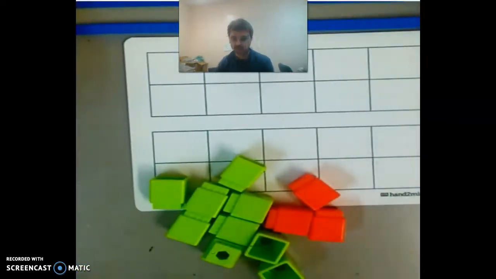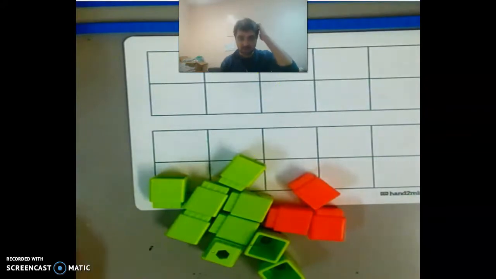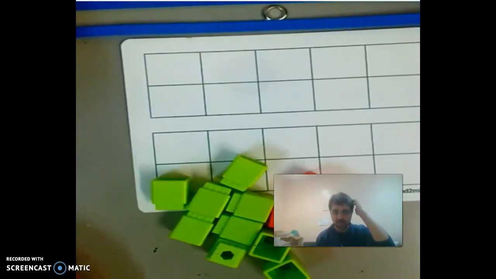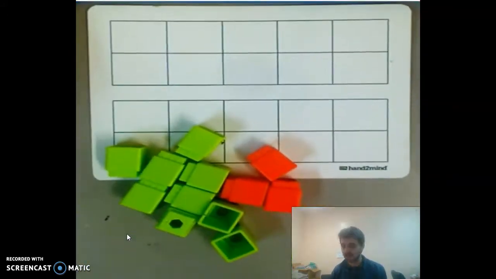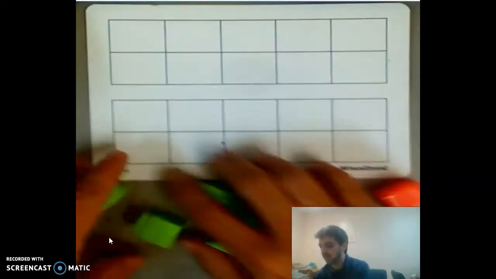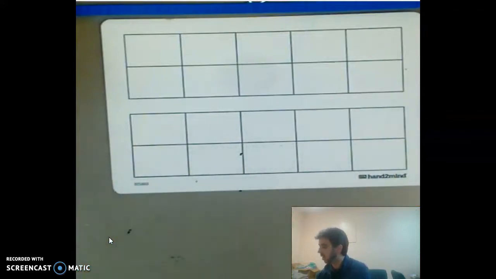Let's do this. Before we get to your math packet, I want to review a strategy, an addition strategy that we used a couple weeks ago, okay? So I'm going to move myself down here, okay? And let's put this right here. And it's called the using 10 strategy, right?